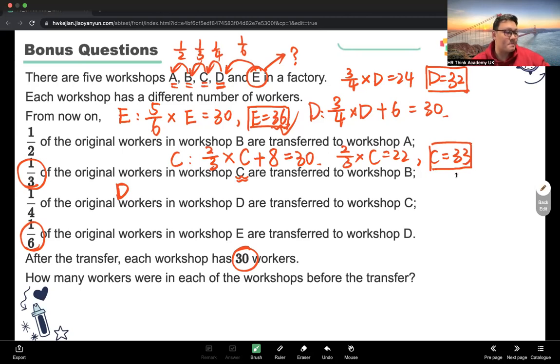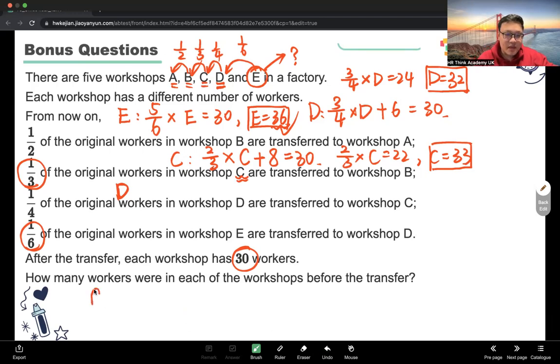Then what is B? B equals what number? Does anyone got it? Yeah, that's right. It's 38, guys. It's 38.